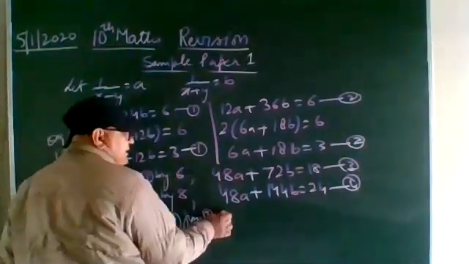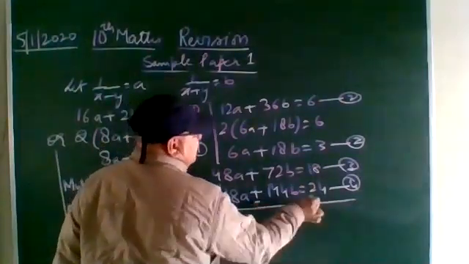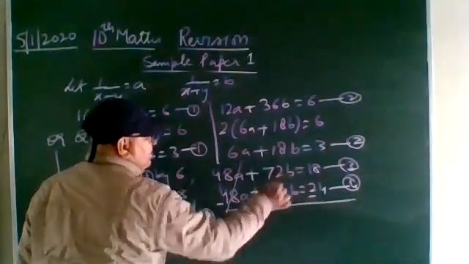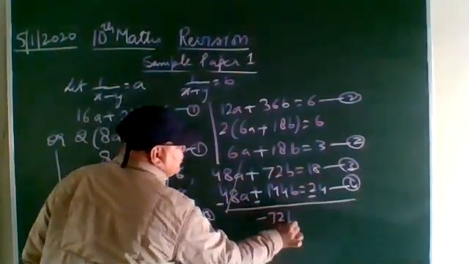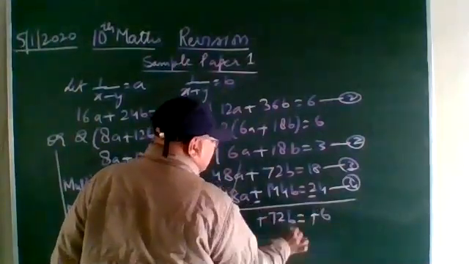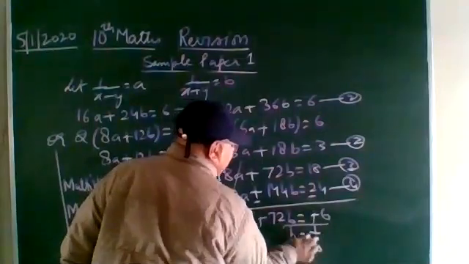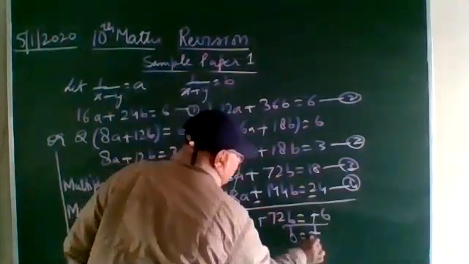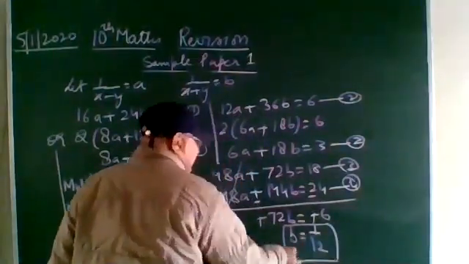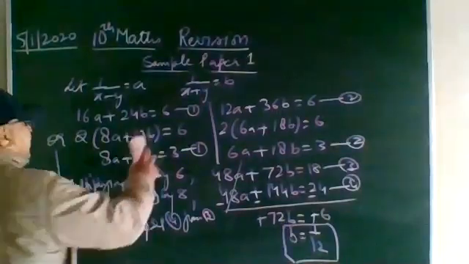That is minus and minus, so this cancels, and 72b minus 144b is minus 72b equal to minus 6. So b equal to 1 upon 12. So b is found.